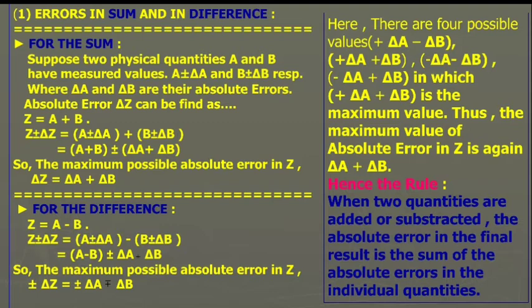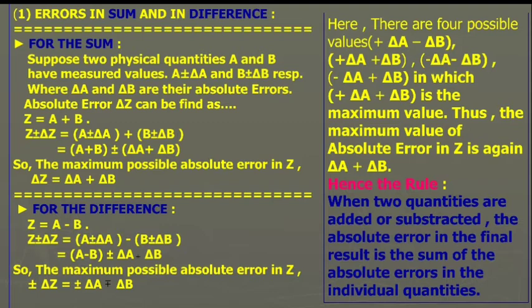Absolute error delta Z can be found as Z is equal to A plus B. That means Z plus minus delta Z is equal to A plus minus delta A plus B plus minus delta B is equal to A plus B plus minus delta A plus delta B.